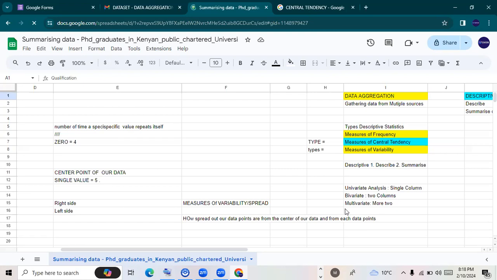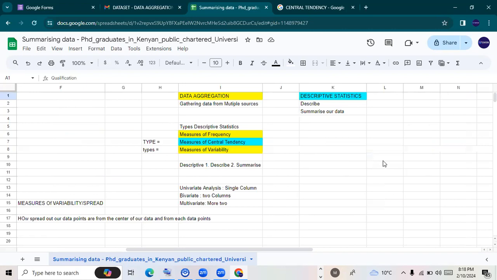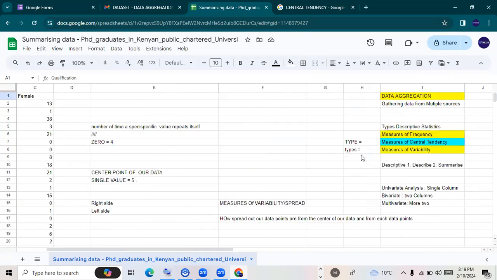So to continue from their inputs, I said, if we are gathering data from many sources, putting data together, and knowing how to describe and summarize our data to make it statistically meaningful, then these three types of descriptive statistics have important roles to play in our data interpretation.